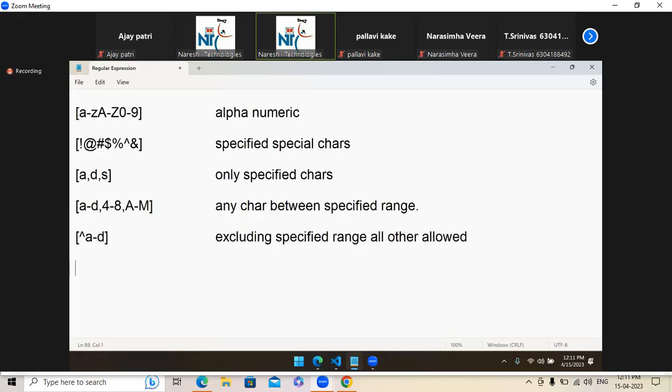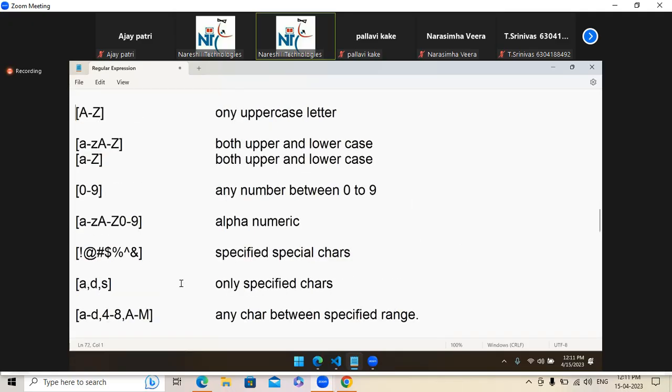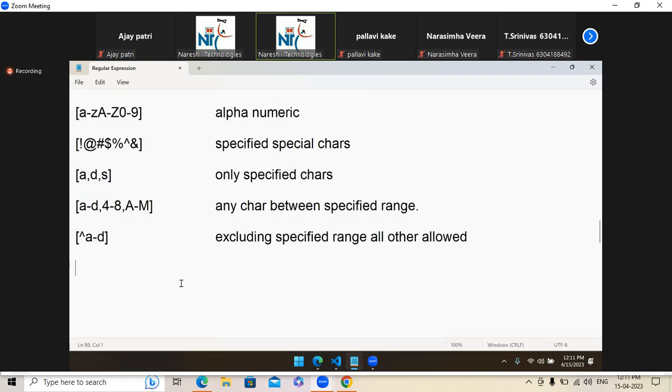What does that mean? A to D not allowed. All others allowed. That means except A to D, all others are allowed. That you can simply define. These are all different ways of writing the pattern. Different combinations we will see now.